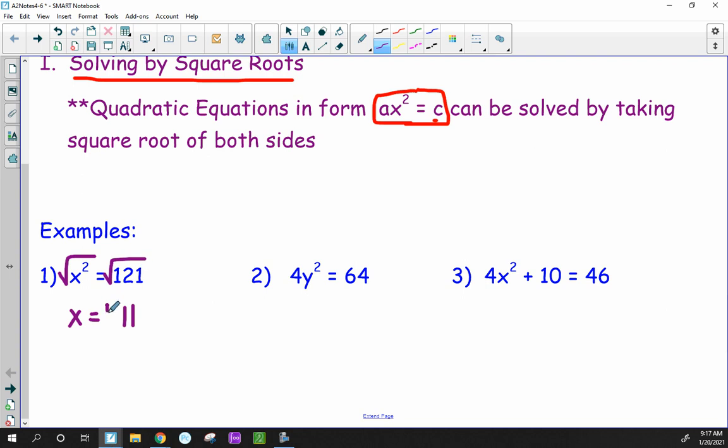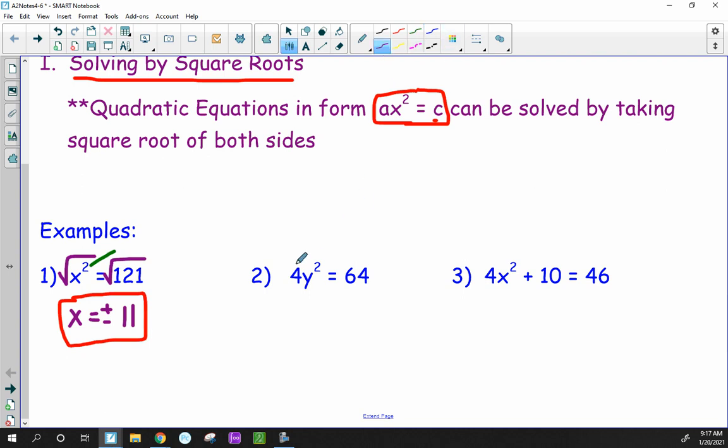And so, since negative 11 times negative 11 is also a positive 121, that's the reason that this problem, and problems of this nature, have two solutions. Remember from the past, I've made this comment before, but it's important to repeat it. When it's a quadratic equation and you have a power of 2, that means you can have two answers. Positive, negative 11.